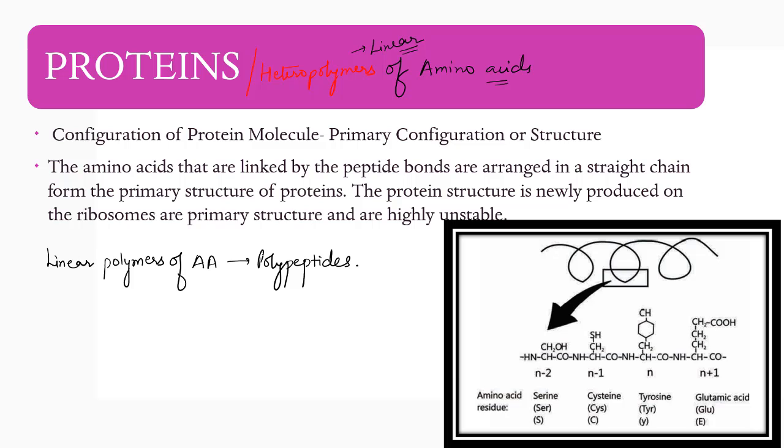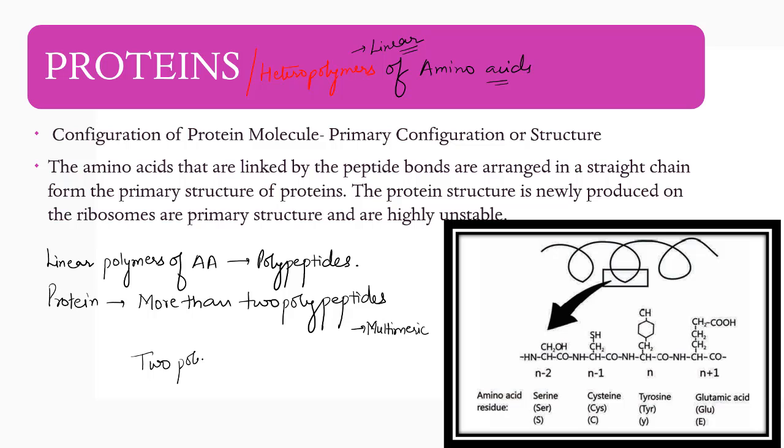A protein having two or more polypeptides is called multimeric.